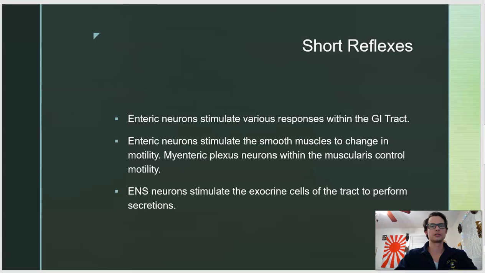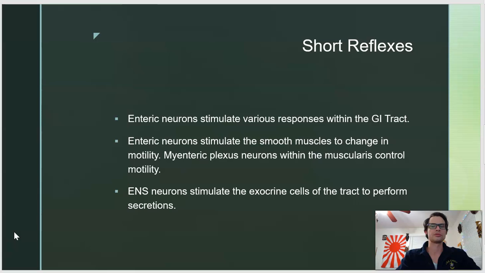The enteric neurons stimulate various responses within the GI tract, as mentioned earlier. The myenteric plexus neurons, for example, control the muscular motility of the small intestine and also the large intestine.